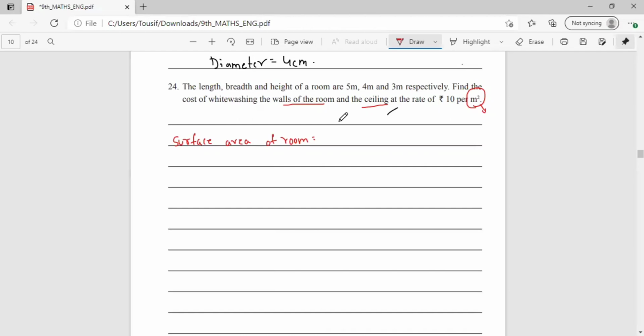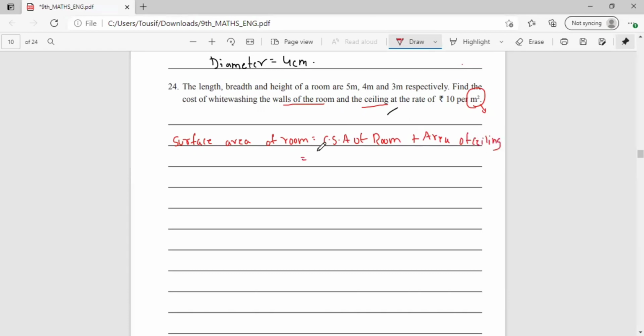The total surface area is the formula used to find the area of six faces, but here they are saying walls of the room and ceiling. That means four walls and the ceiling, totally five faces we have to find out. So curved surface area of room plus area of ceiling.